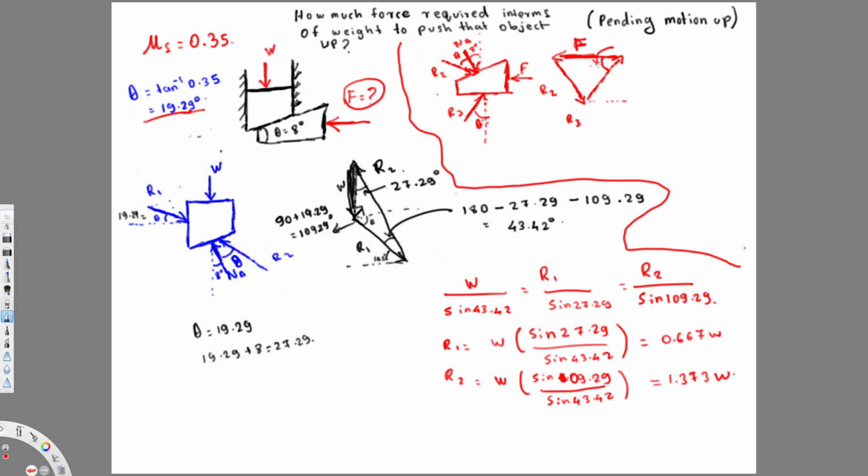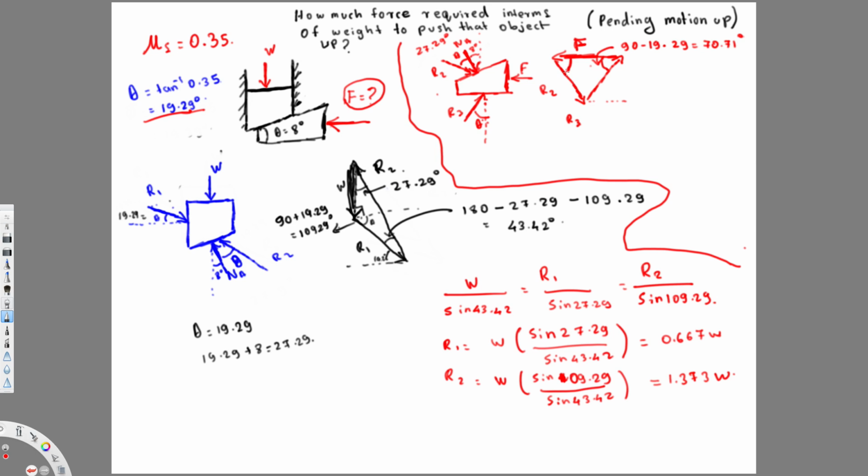So 90 minus theta means 90 minus 19.29 degrees, which is equal to 70.71 degrees. Then we have this one right here. So the total angle here is 27.29 degrees, making with this horizontal.